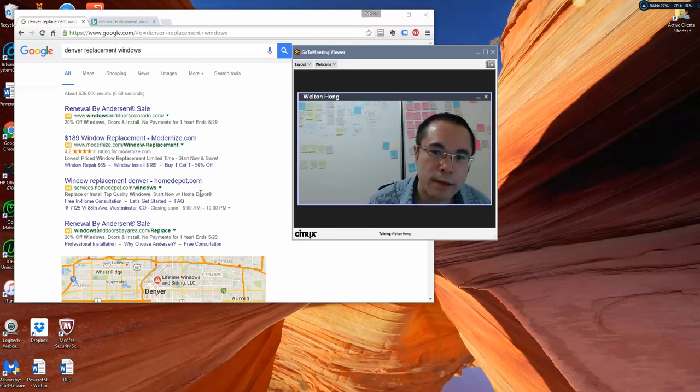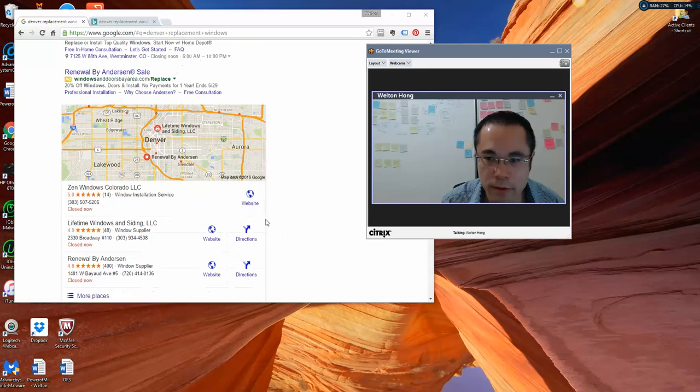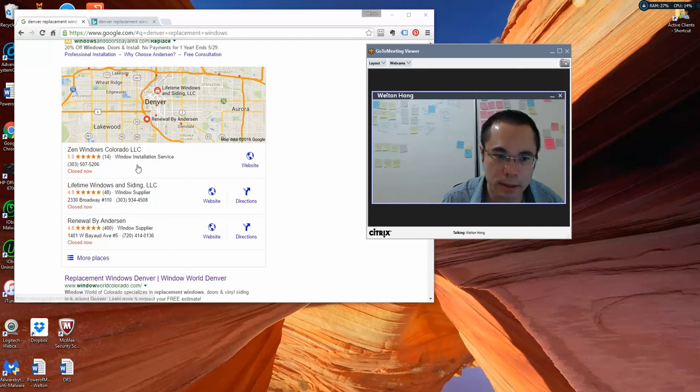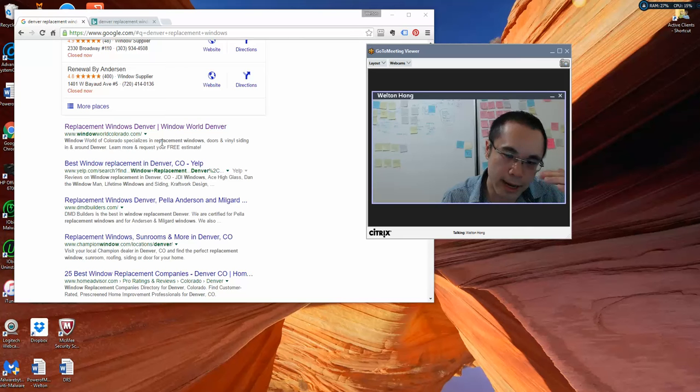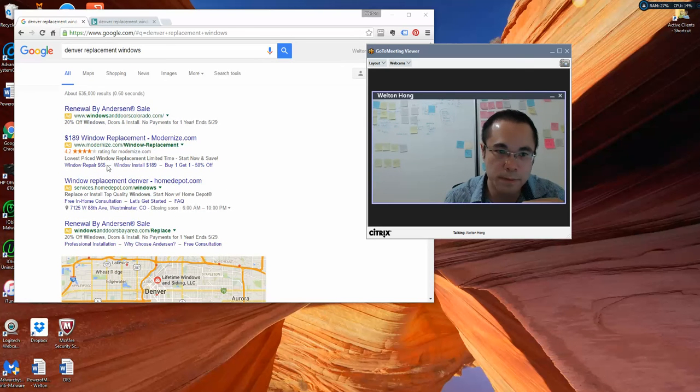So by eliminating the ads on the right hand side and adding the 4th spot here, it basically pushed all of the results down, right? The map is lower now. The organic is even more buried down below. So this really forces people to look at the ads first.